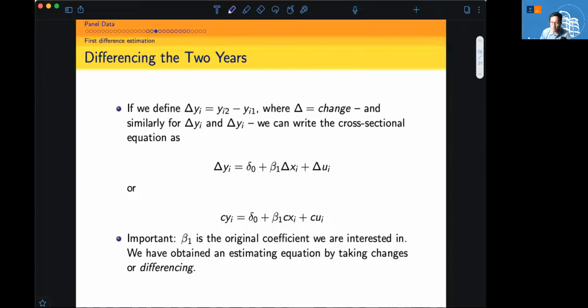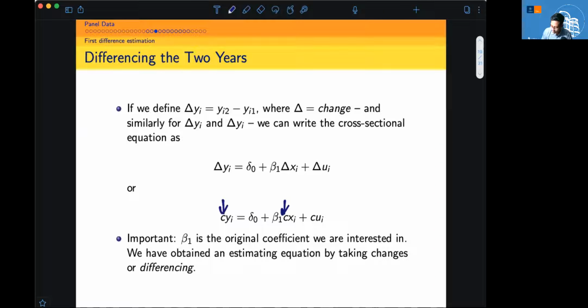So let's define delta Y as the change in the outcome variable between the second and the first period. Similarly, delta X is the change in the explanatory variable, the second period minus the first period. We can also write the delta as C, for change, so it doesn't really matter.